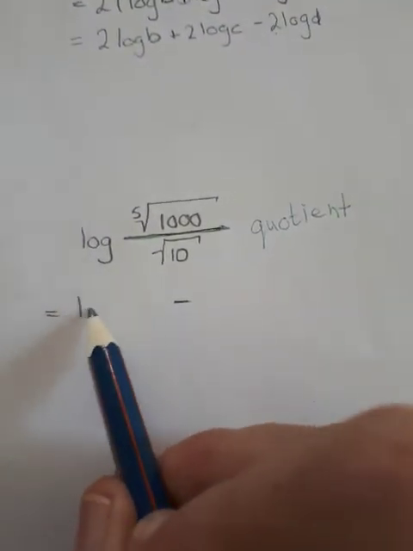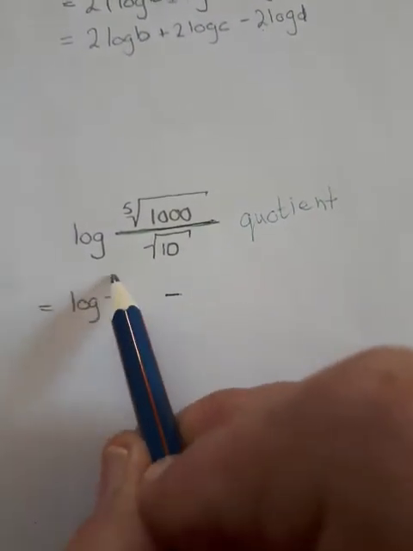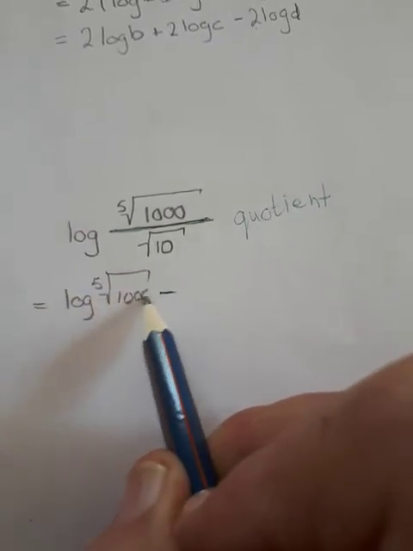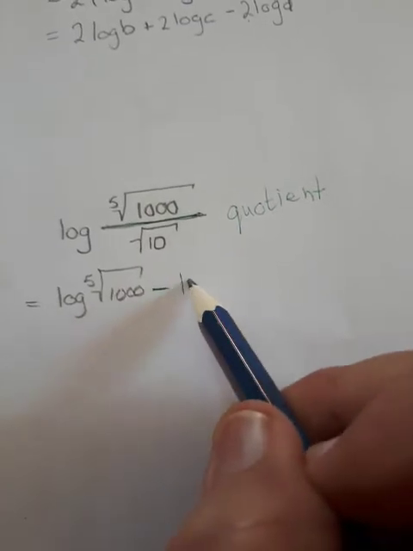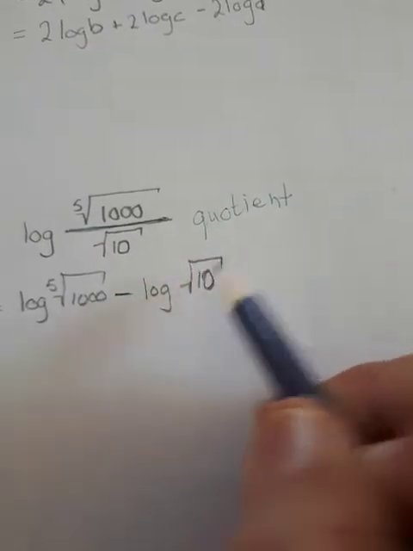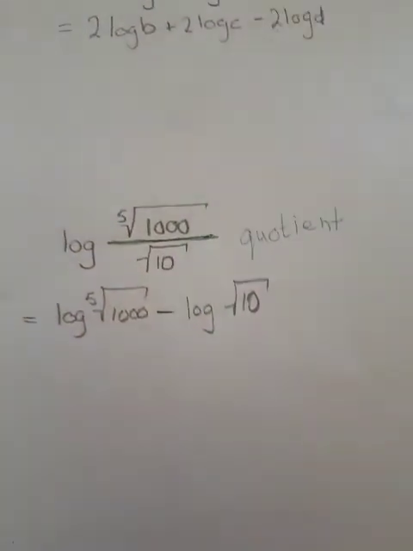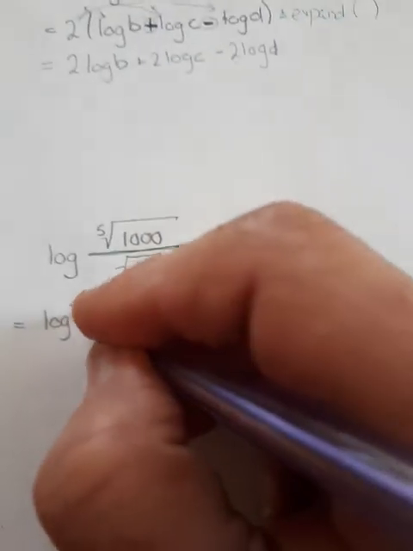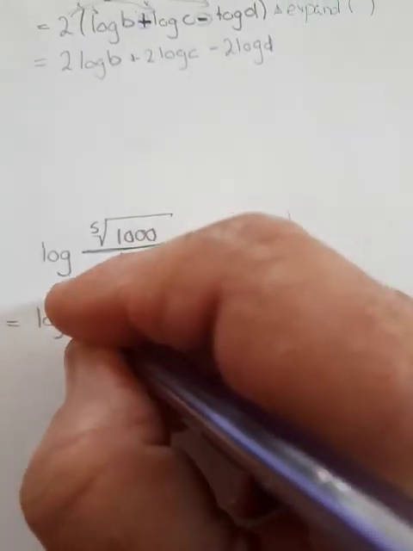So therefore, we will have log of the 5th root of 1000 minus the log of the square root of 10.